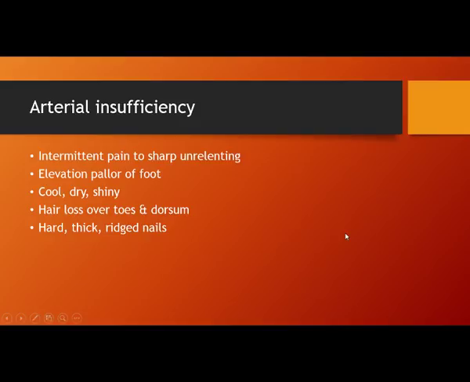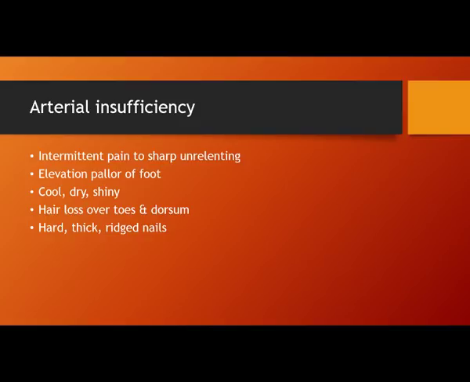So one of the problems, if you detect that there's some vascular insufficiency, is you have to decide, does this look like venous insufficiency or arterial insufficiency? Well, some of the characteristics of arterial insufficiency: the pain is probably going to be sharper than in venous, although venous can be sharp pain, but sometimes you'll have intermittent pain.